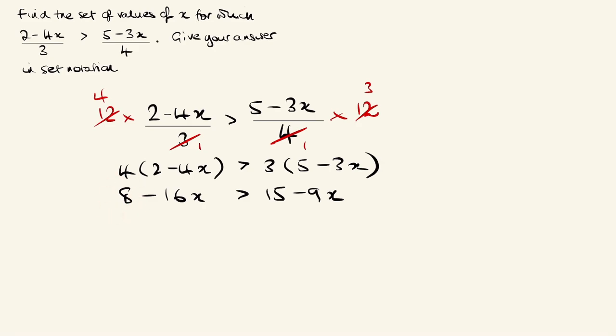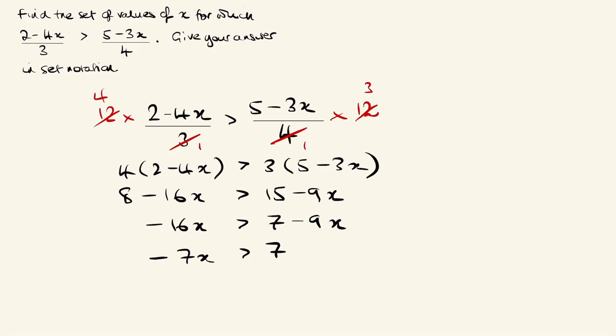If I do that, I end up with minus 16x is greater than 15 minus 8, which is 7, minus 9x. And then if I add 9x to both sides, I end up with minus 7x is greater than 7.